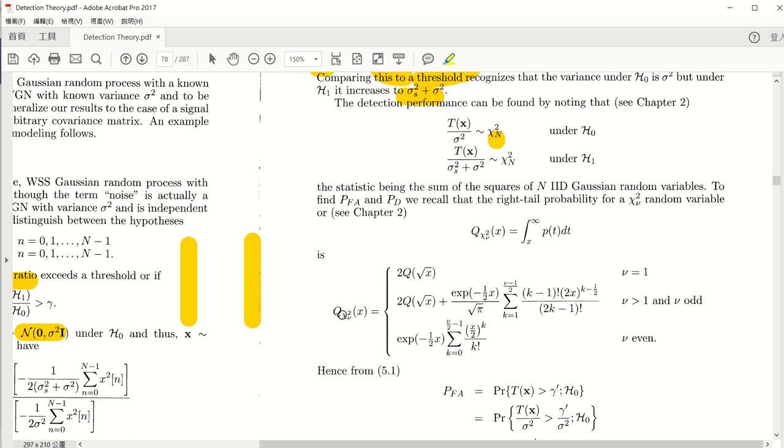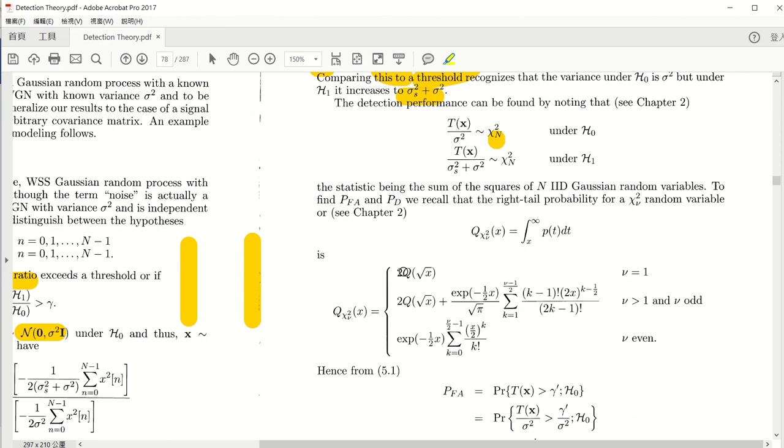Then what we do is we express Q chi-square of X in terms of the standard Q function. Notice that the Q function without subscript is the standard Q function, and the Q function with subscript chi-square is the right tail for chi-square. So that's different.